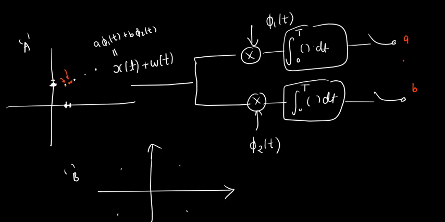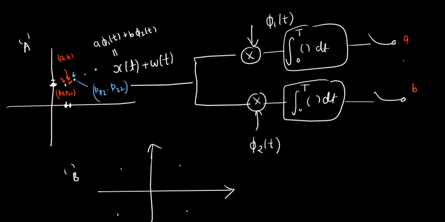So here you have A comma B, this is phi 11 phi 21, and this point is phi 12 and phi 22. If your A and B is closer to this, you will decide in favor of the second waveform, yes or no.